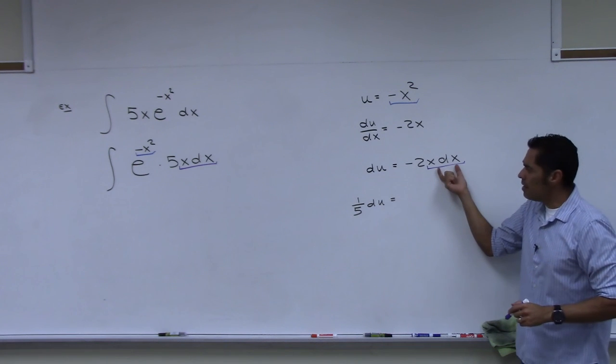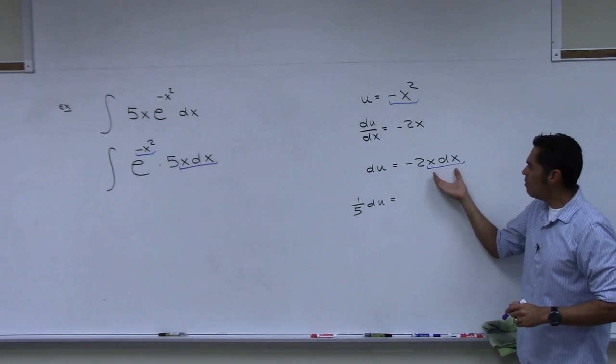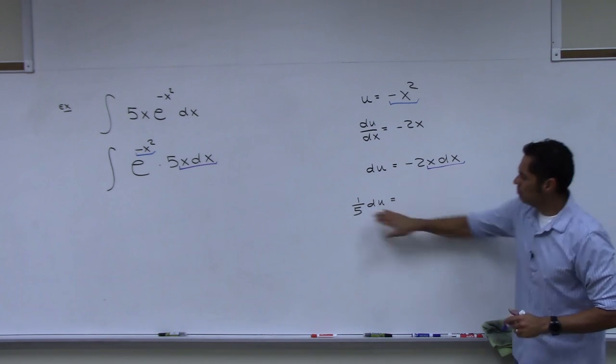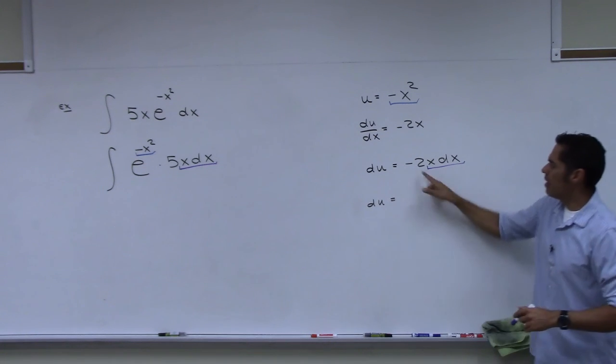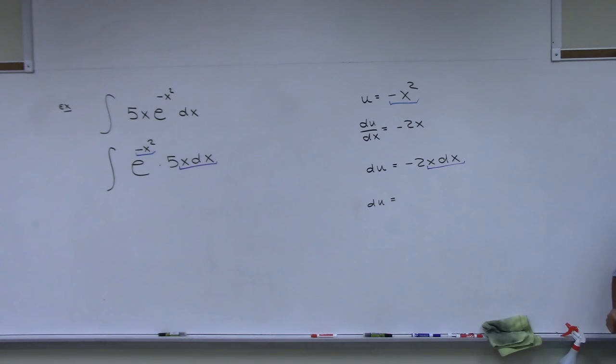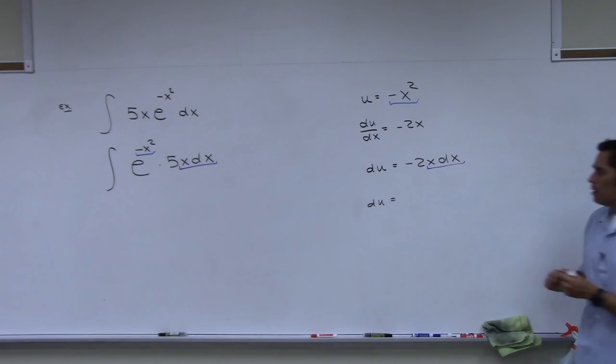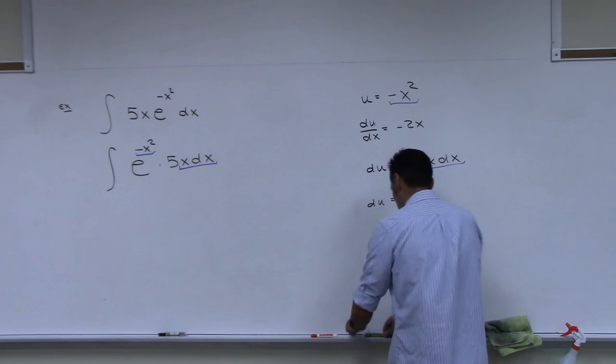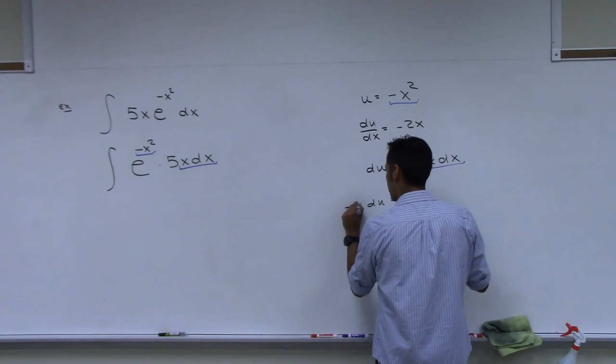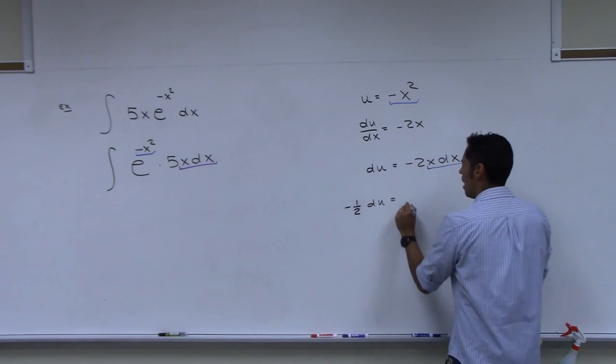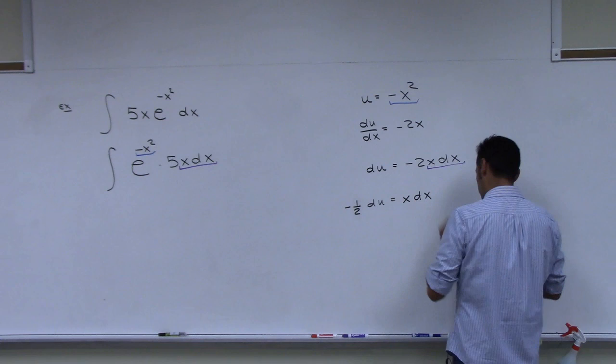So let's solve this for x dx. How would I get the x dx by itself here? How could I get rid of the negative 2 that's in front? Multiply both sides by negative 1/2. So I'm going to multiply the left side by negative 1/2. And then the right side will just become x dx.